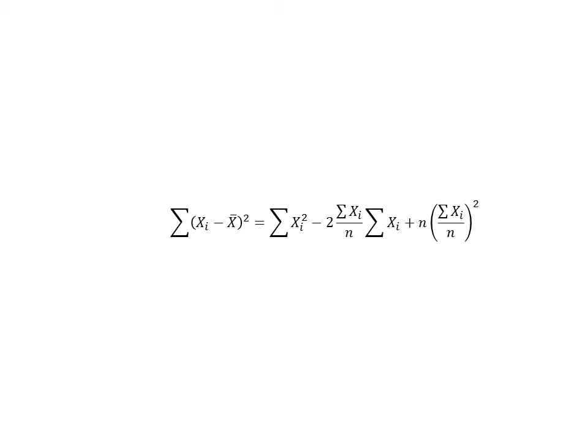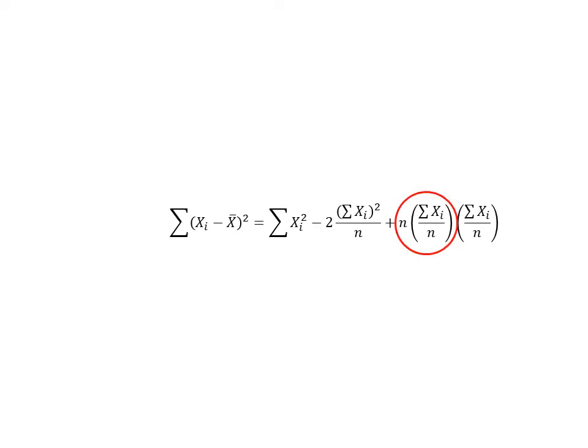Returning to the middle term, we now move the sum of x that is outside of the fraction into the numerator, and rewrite this as the sum of x quantity squared. In contrast, we take the squared fraction in the final term and expand it out. Notice that we have an n outside of the fractions and 2 n's, or n times n, in the denominators of the fractions we're multiplying.